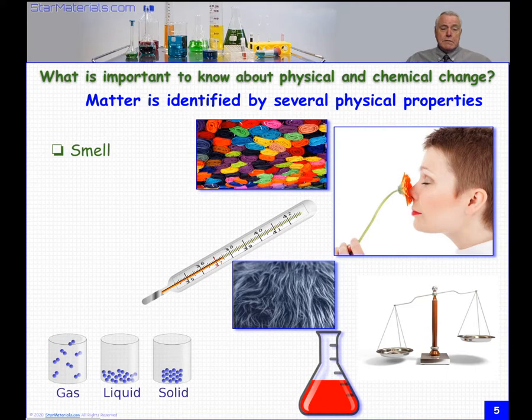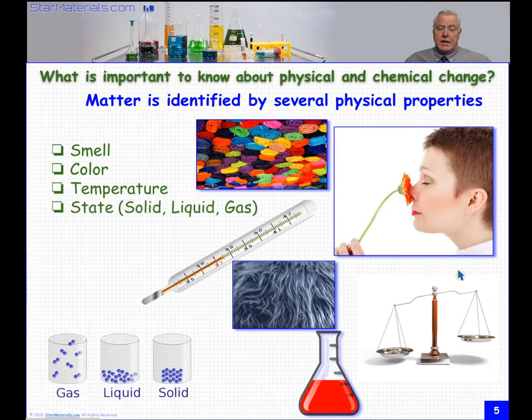Things smell differently. We can identify them as a smell, a color, physical property. How hot is it? State, gas, liquid, or solid. These are ways we identify them.